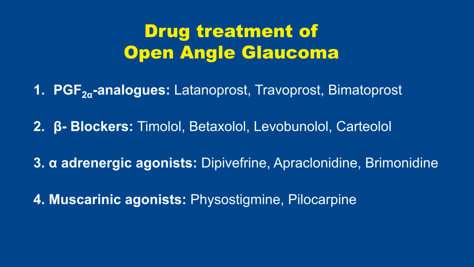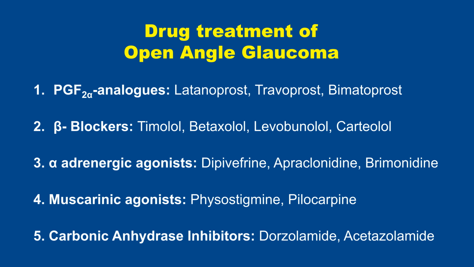Fourth class, that is muscarinic agonists, rarely used nowadays, include physostigmine and pilocarpine. And the last class of drugs includes the carbonic anhydrase inhibitors, that include dorzolamide and acetazolamide.